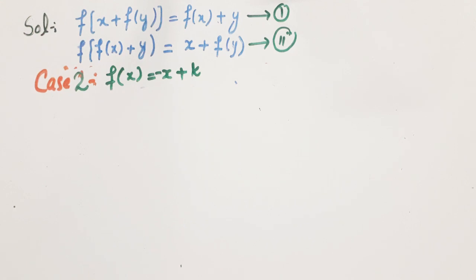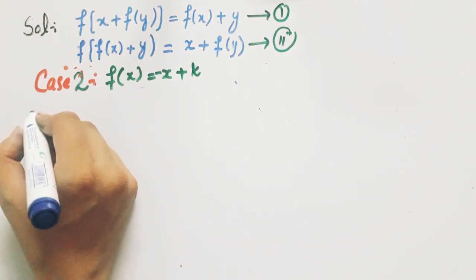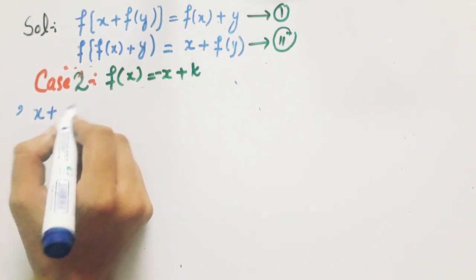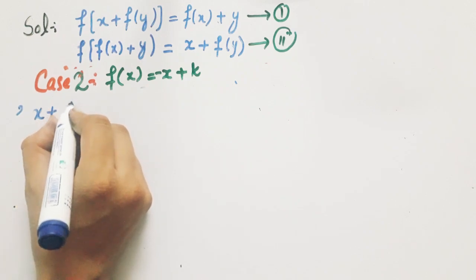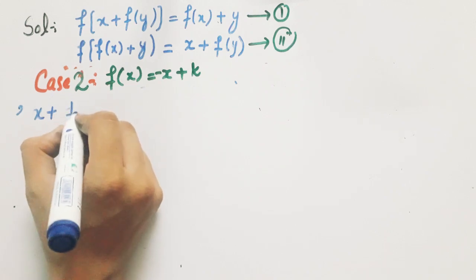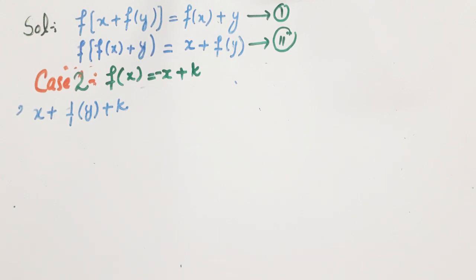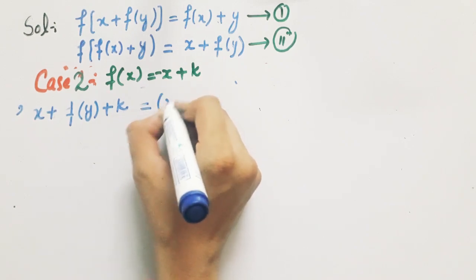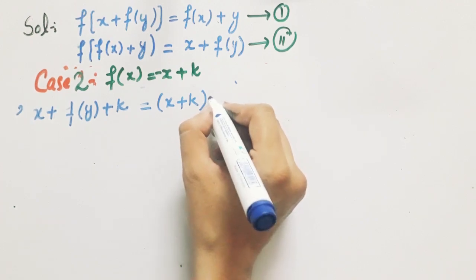So substituting this value in equation 1 will give you x + f(y) + k... is equal to x + k + y.